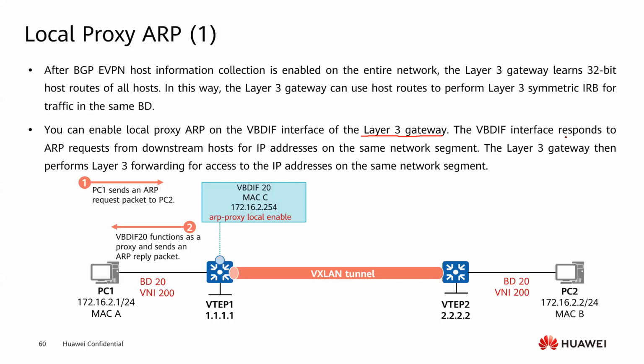The VBDIF interface will respond to the ARP request from the downstream host for an IP address on the same network. When PC1 tries to send a packet to PC2, you will find that actually they are in the same subnet.